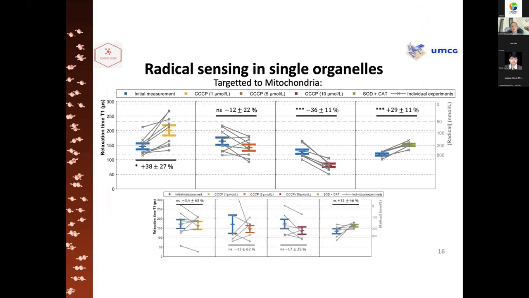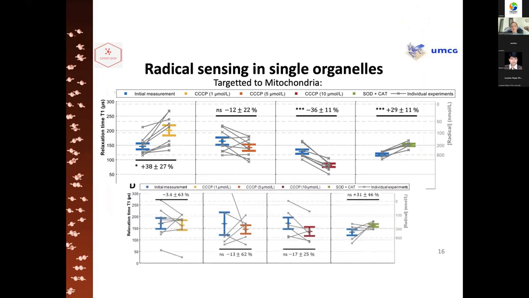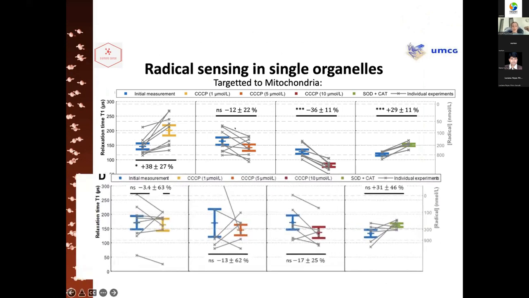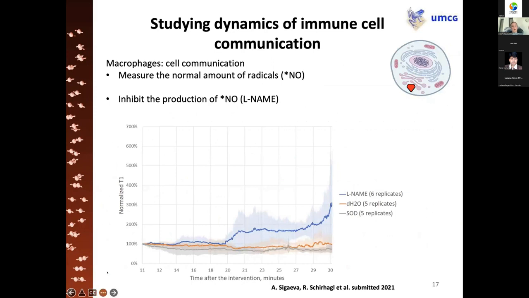While if we look at the particle at a different location, so this is at the mitochondria where we see the responses, and this is in the cytosol, where we see, first of all, a lot greater variability, but also no significant differences between these measurements here. Also to show you that you can also have this kind of data in a bit different way.